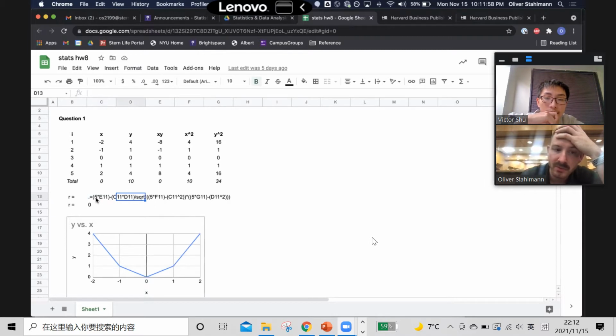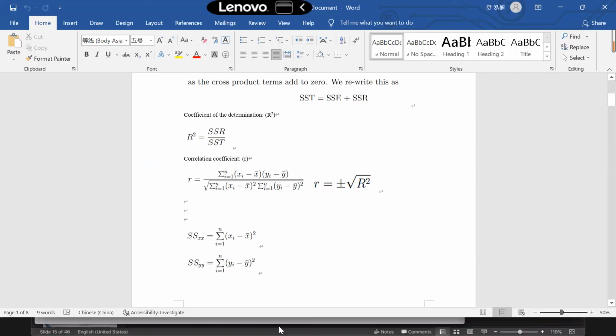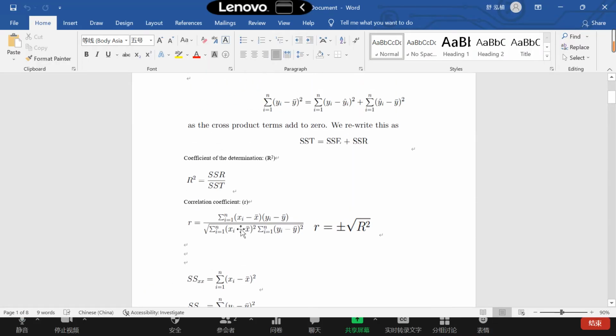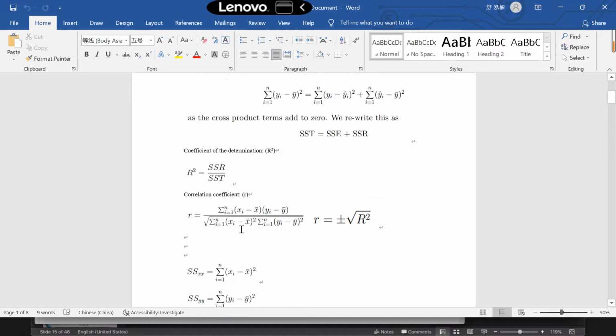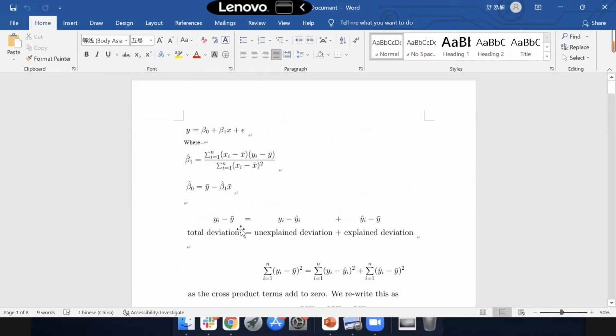But is this not the formula for r? Or is this the formula for R squared? I think you are doing the formula for R squared. I'm not too sure. Let's see. A check.